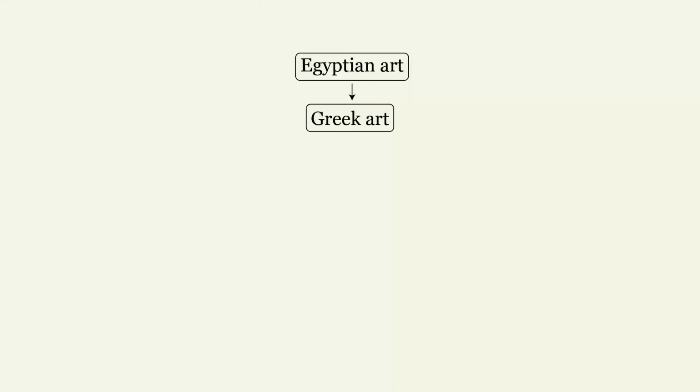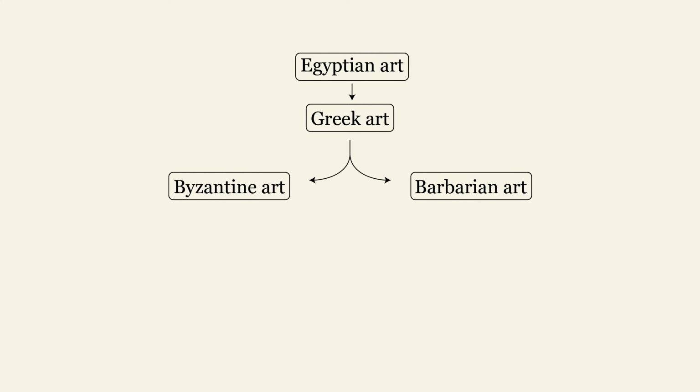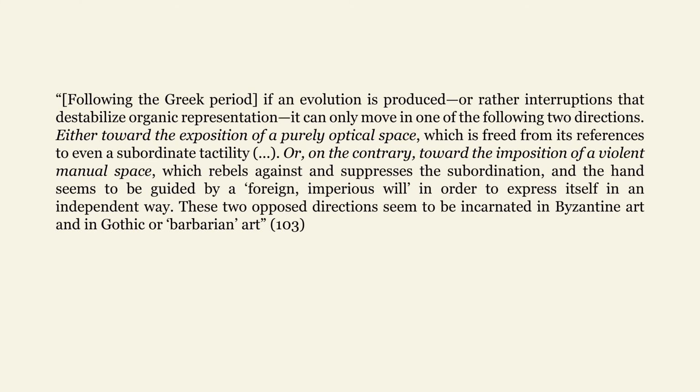Following the Greeks, Deleuze identifies two important historical currents, namely Byzantine and barbarian art. He says, following the Greek period, if an evolution is produced, or rather interruptions that destabilize organic representation, it can only move in one of the following two directions.